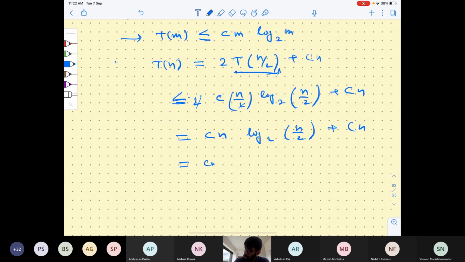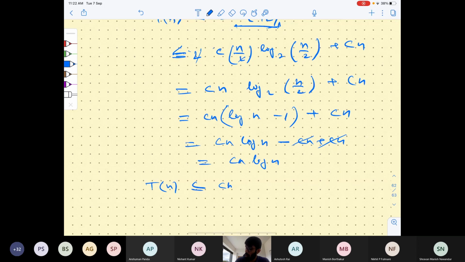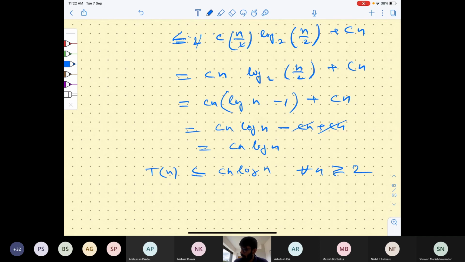Then you get Cn (log n minus 1) because log base 2 of 2 is 1, plus Cn, and then you get Cn log n minus Cn plus Cn. Those cancel, so you get Cn log n, which is what you wanted. So you have shown that Tn is less than or equal to Cn log n for all n greater than or equal to 2, which means that Tn is order n log n.